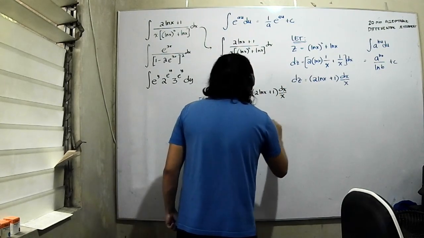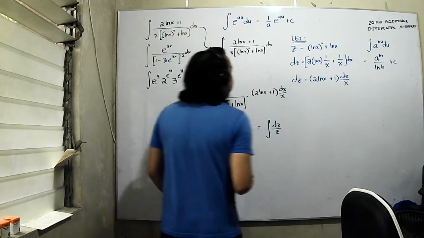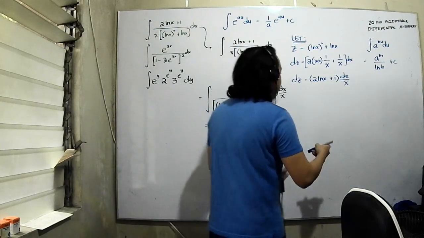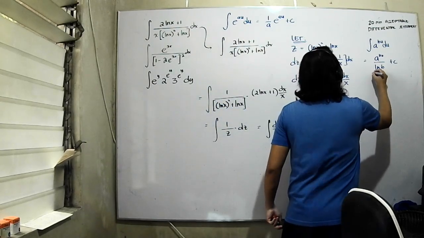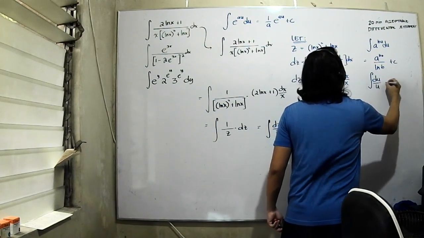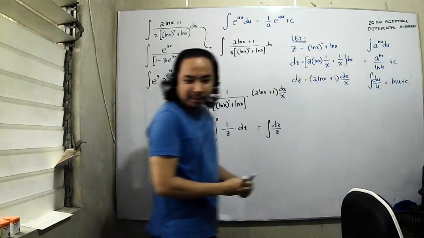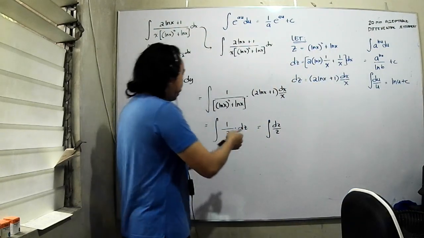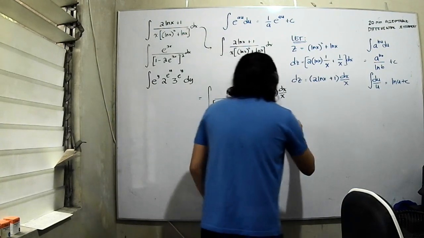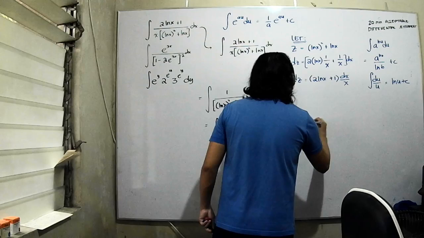So dz over z. We can apply the formula that the integral of du over u is equal to ln u plus c. So this is equal to ln z plus c.